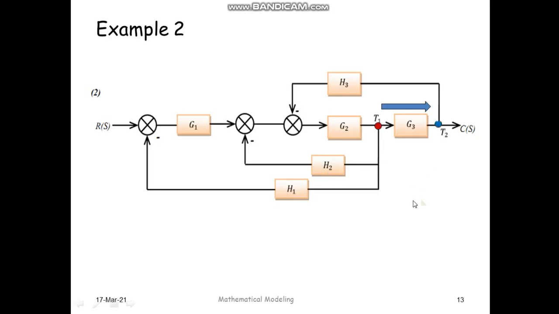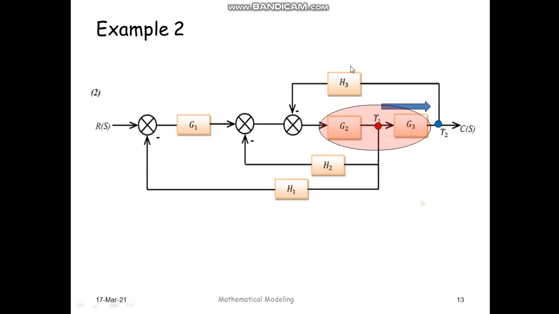So what we have to do, we can shift it directly here, so that G2 and G3 will come in series, and we can thus reduce these two blocks into a single block by performing the multiplication. Then after doing this transformation, the multiplication of these two will give you a single block. Then you can observe one feedback block here along with a single summing point, single input and single output.